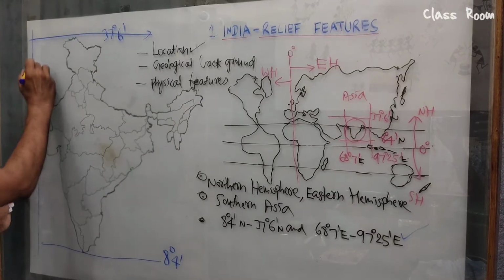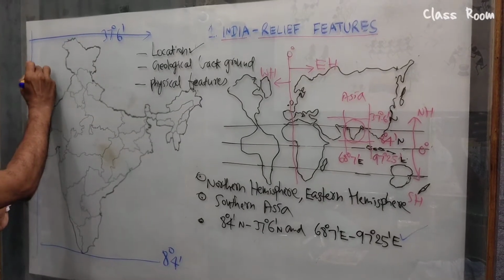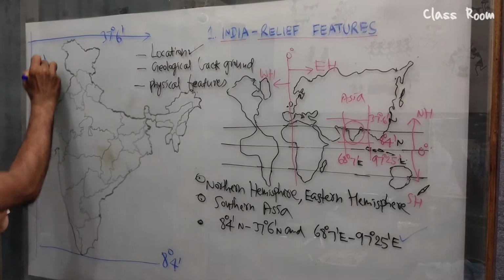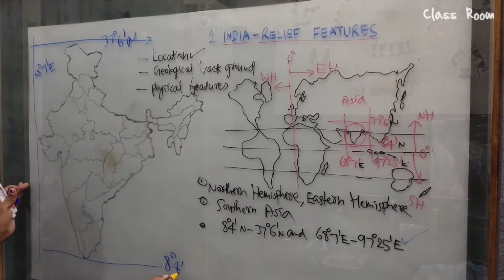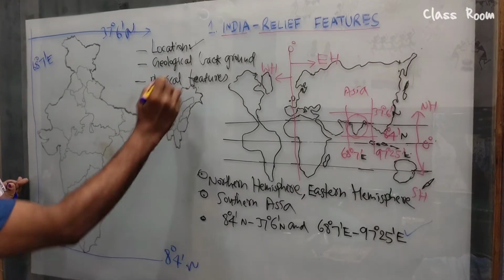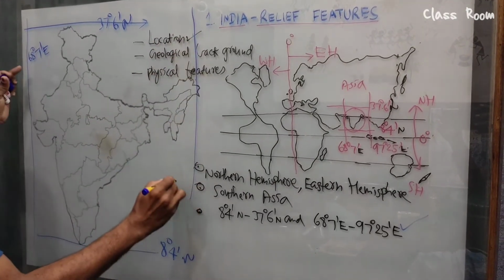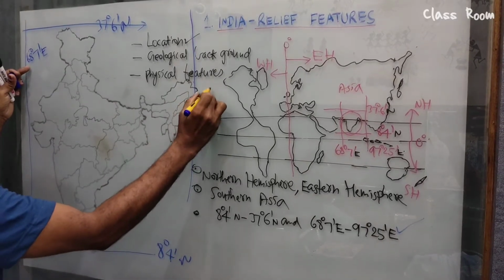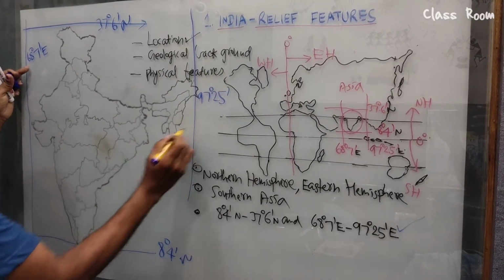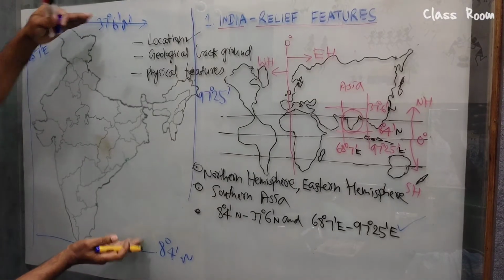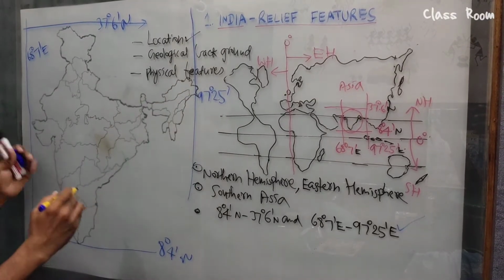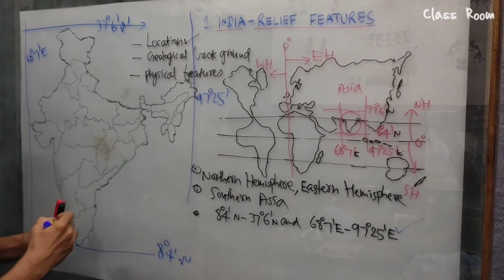This is longitude 68 degrees 7 minutes east, and this one is 97 degrees 25 minutes. Almost about 30 latitudes, here also 30 latitudes.